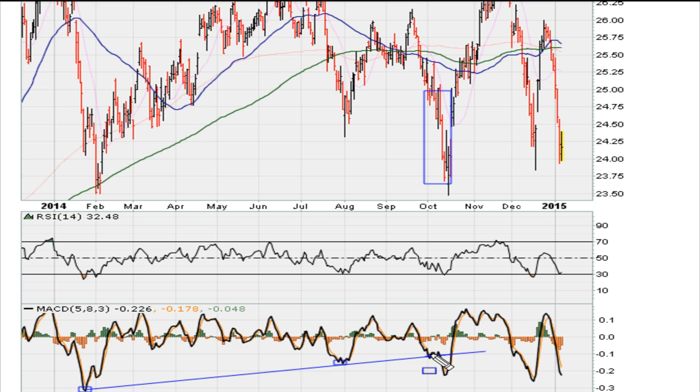So this is uniform activity below the line, back above it, which means, according to what we learned in the MACD series, that this crossover below zero is important, and that's why the stock moved from here to the highs, which you don't see on the chart, but the higher highs to about 26.75.